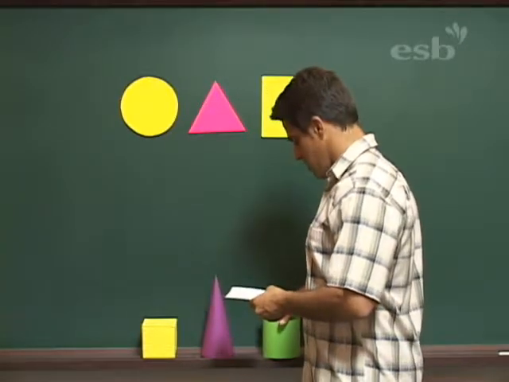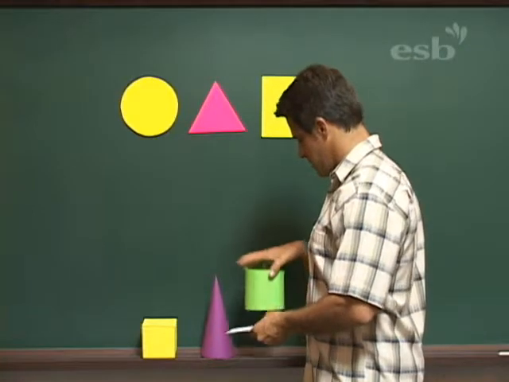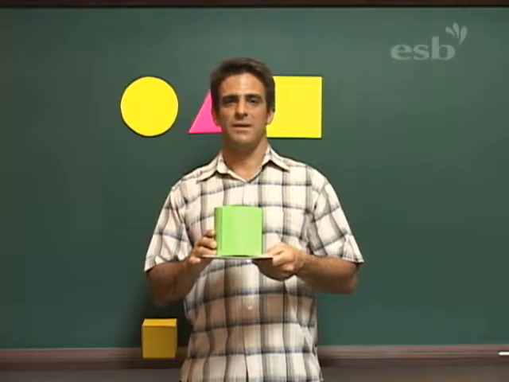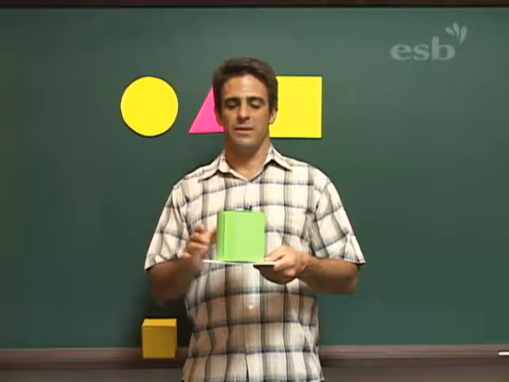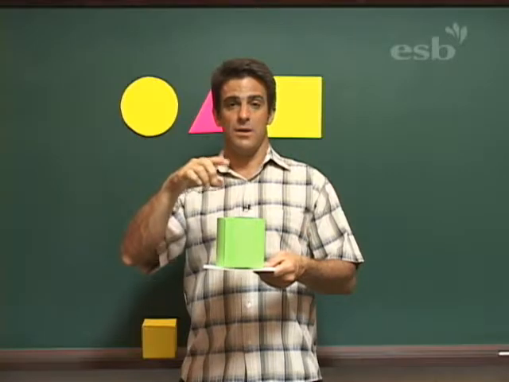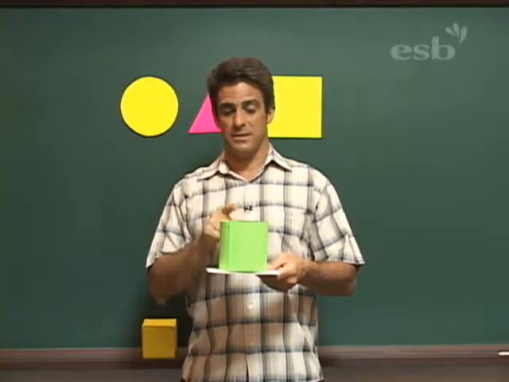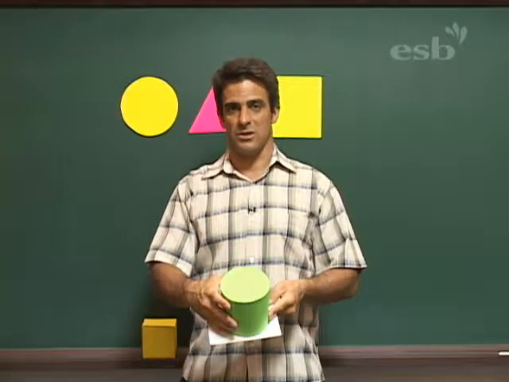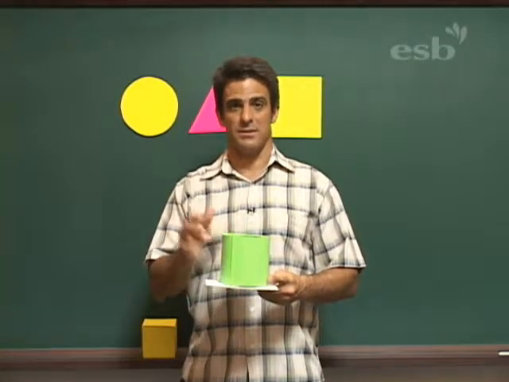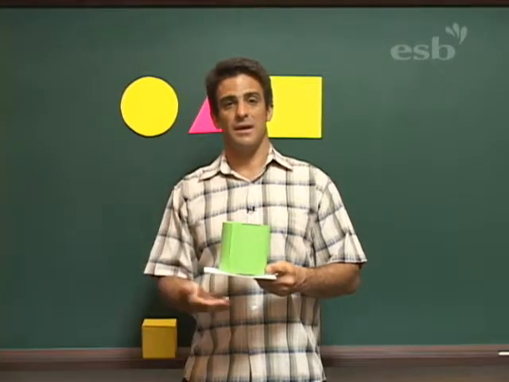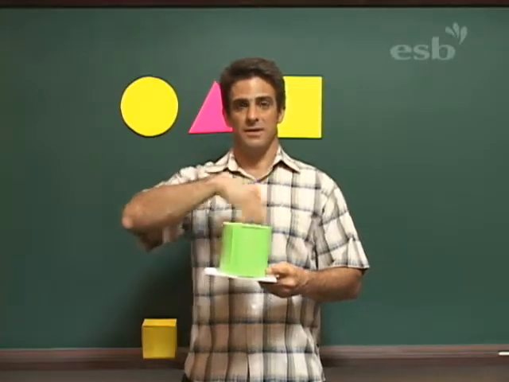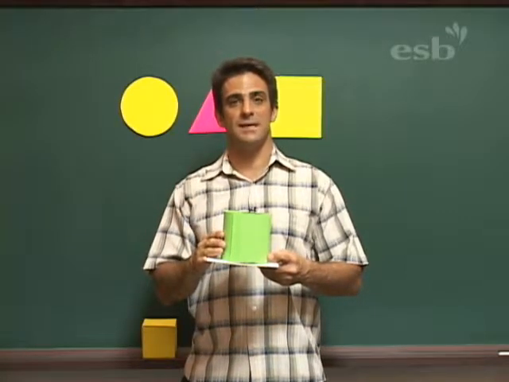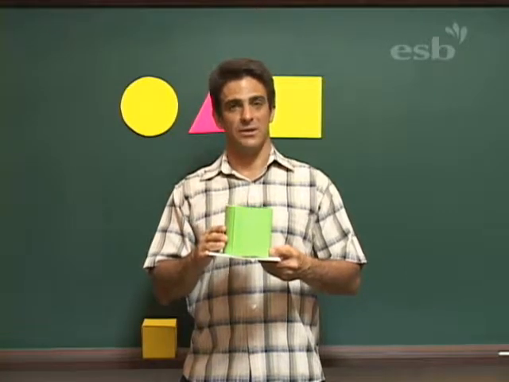Finally, one more solid shape. This is called a cylinder. It's also round, but instead of a point, it has a circle. It has a circle on both ends, and then it's surrounded in the middle.